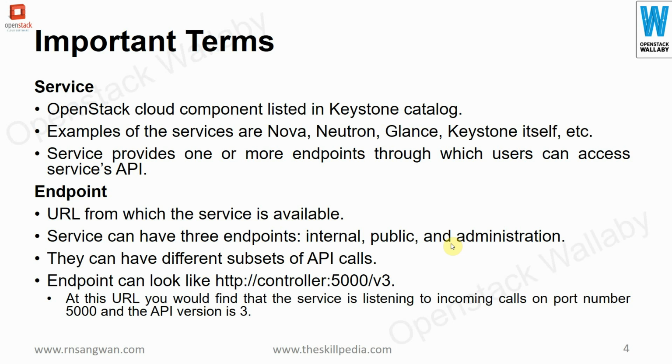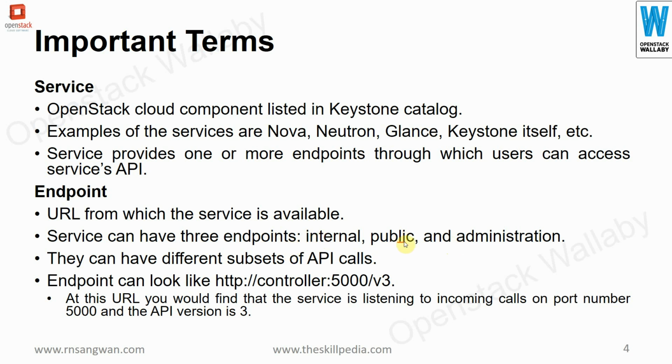There are so many services providing some kind of cloud-based functionality which your customer needs from you, whether it is image as a service, volume as a service, file as a service, compute as a service or machine as a service, whatever is required. So that is actually a service.